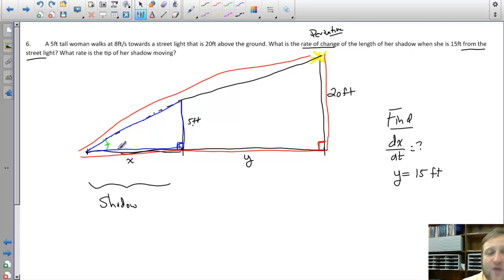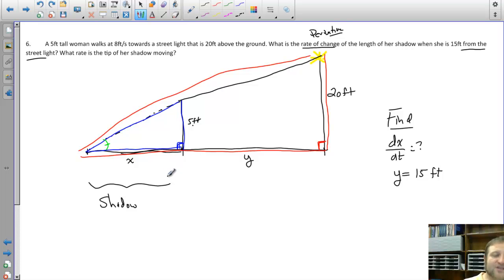Therefore, if two triangles have two angles that are congruent, meaning 90 is congruent to 90, and they share the same angle, then we know that the third angle must be congruent as well. Therefore, these are similar triangles.